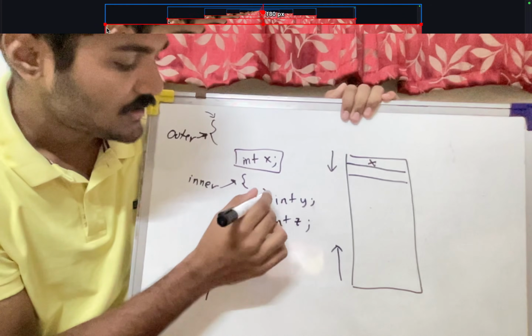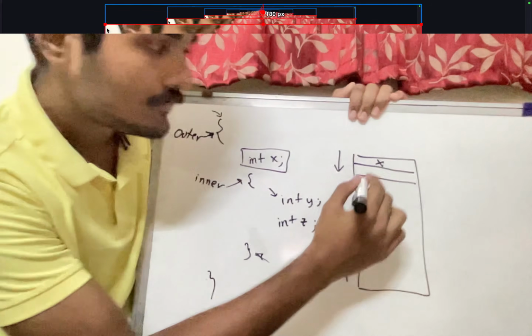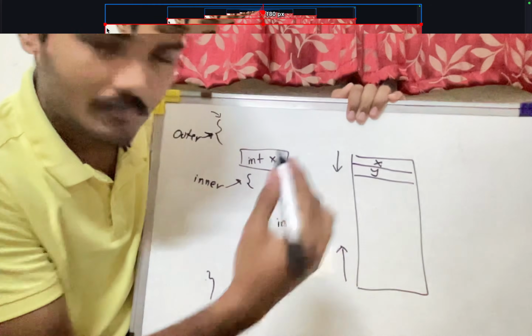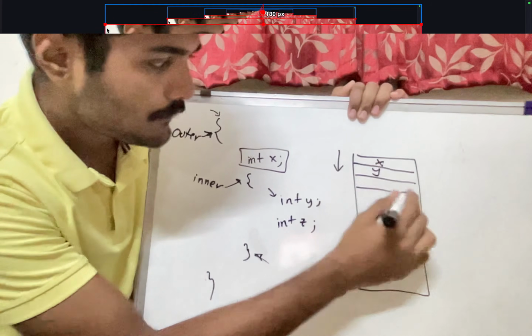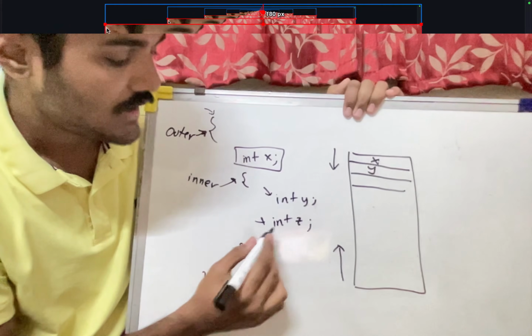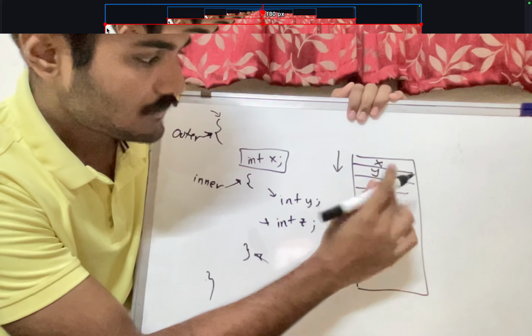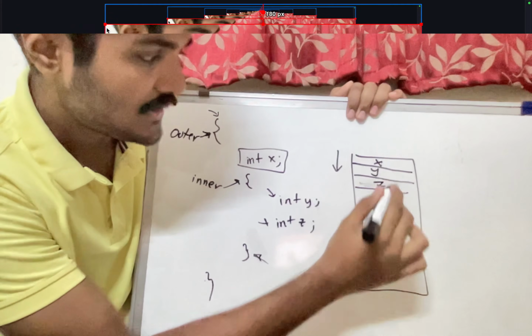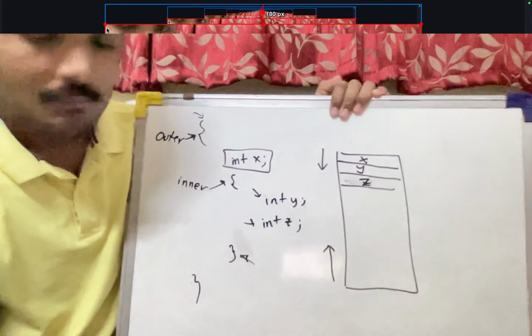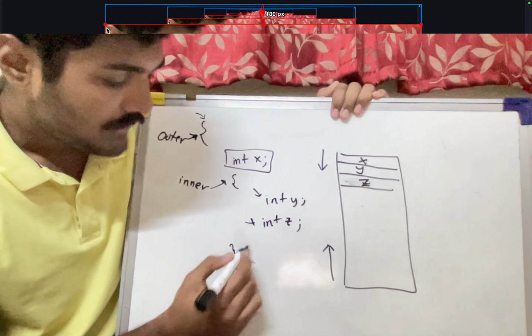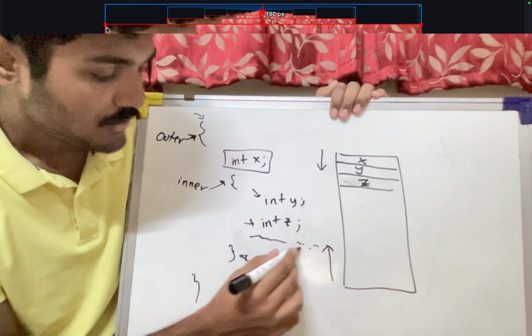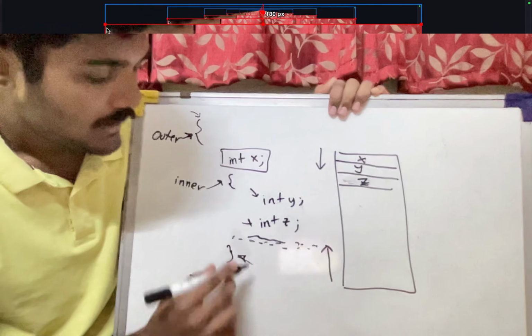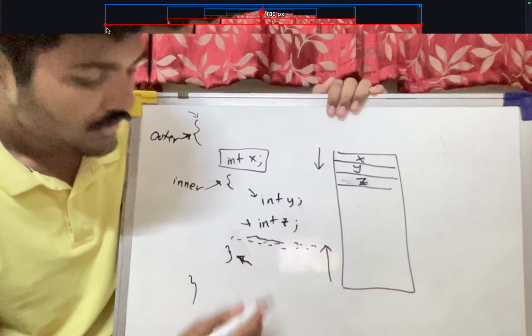So let's say x is declared, x goes onto the stack, then we reach int y. At this point of the code, int y is declared, so y is added onto the stack, and then we reach int z. Then we do some calculation, and then we reach this point.